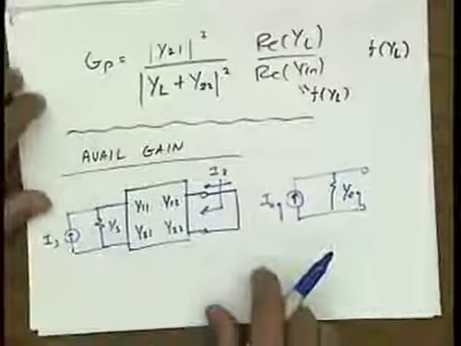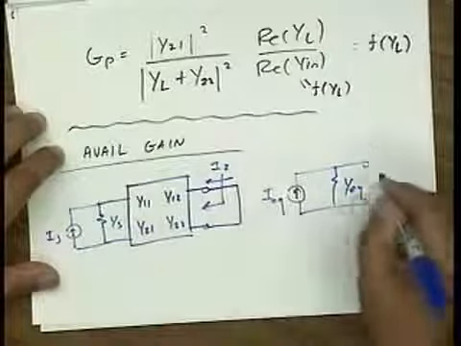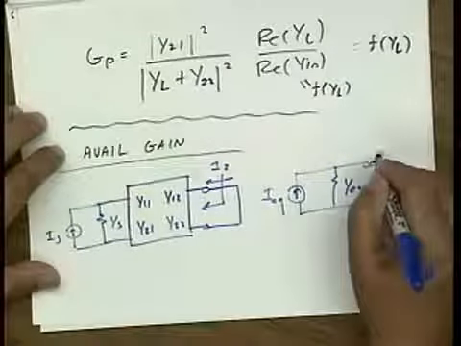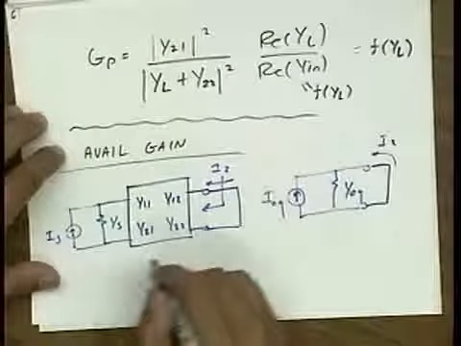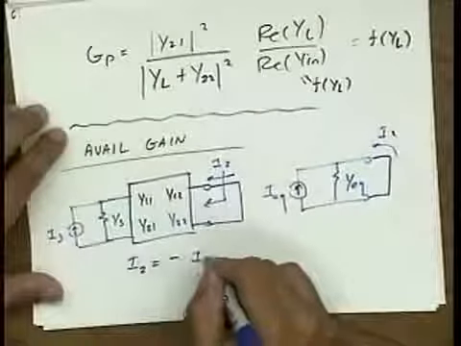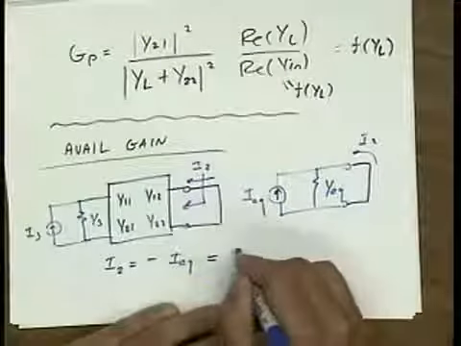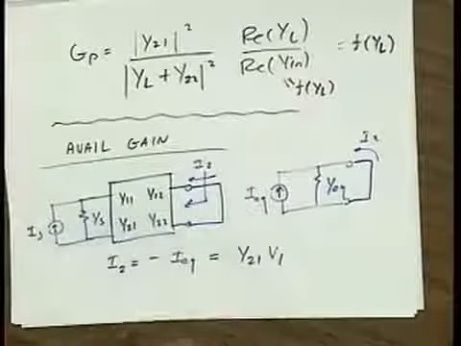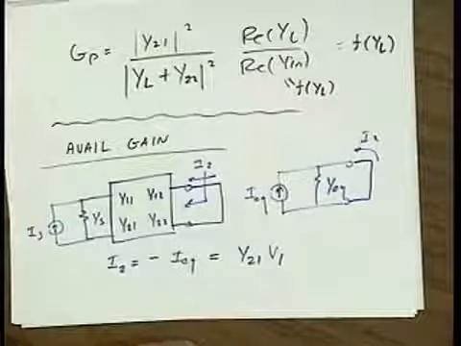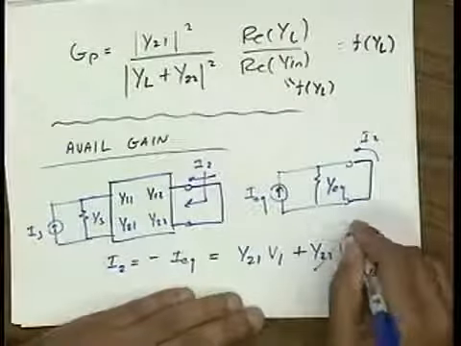I'm just noticing a sign error in my notes. So let's calculate. I'm going to say that I2 is minus I equivalent, and I2 is simply Y21 times V1, because V2 is equal to 0.